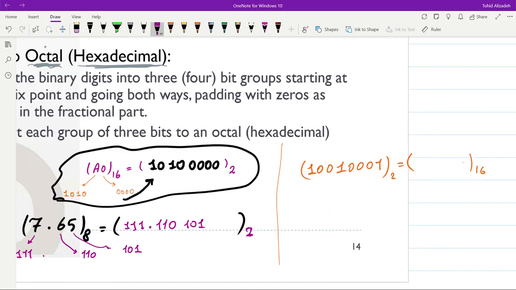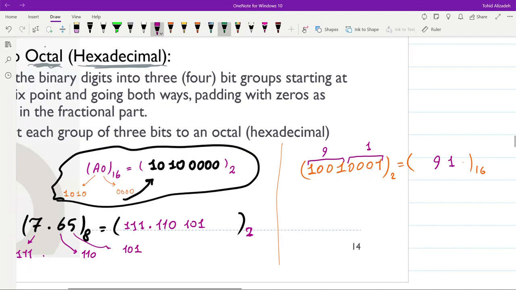So here we have only the integer part. We need to create groups of 4 digits like this, and then represent each one with a single digit in the hexadecimal. For the first group 0001, the equivalent hexadecimal will be equal to 1, and for the second group 1001, the equivalent hexadecimal will be equal to 9. So it will be equal to 91 in hexadecimal.